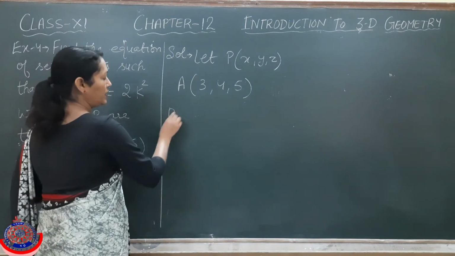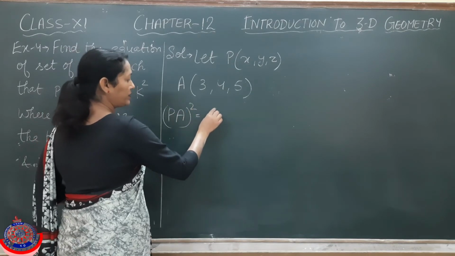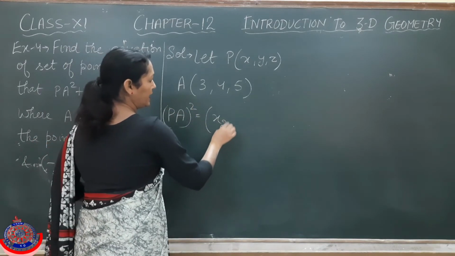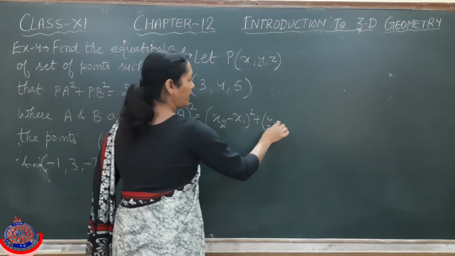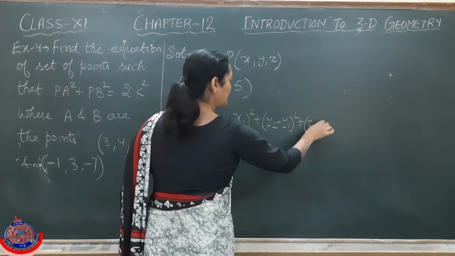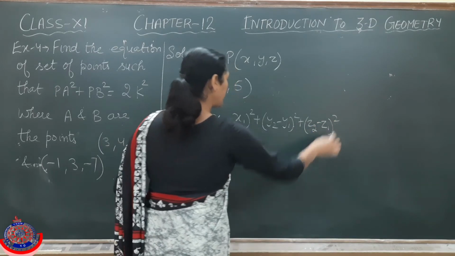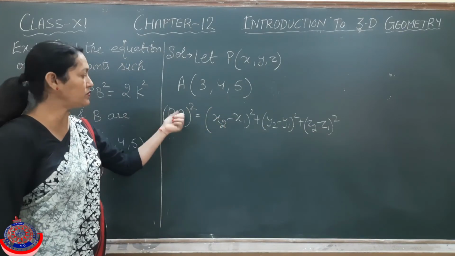First of all, PA square will be x2 minus x1 whole square plus y2 minus y1 whole square plus z2 minus z1 whole square. The root of the formula has become square on this side.